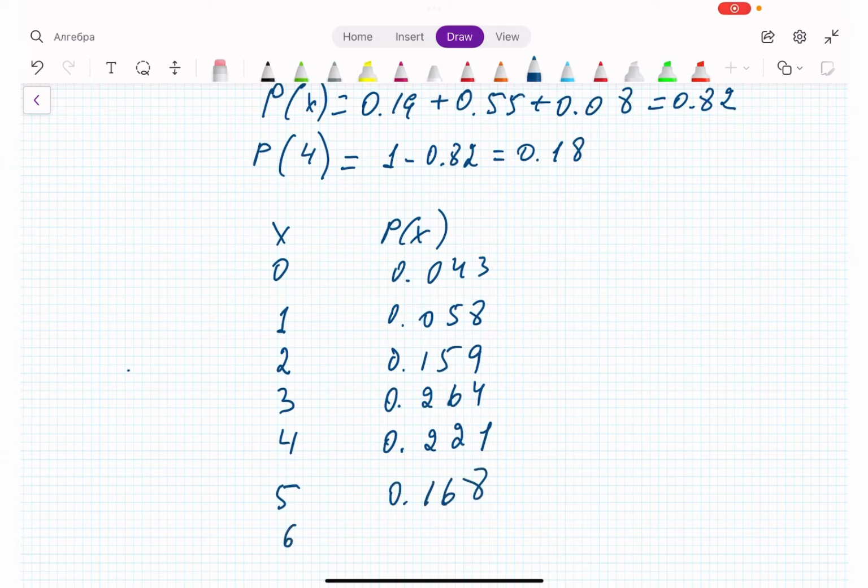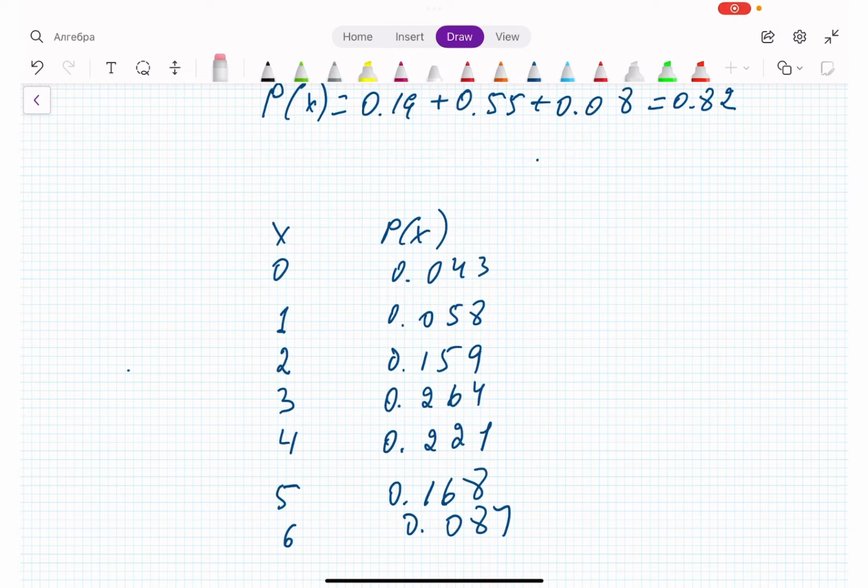We have 6, 0.087. So to find mu, the average of the probability distribution, it is equal to the sum of x times the probability of x. So we need to multiply x by its probability and then add them up at the end.